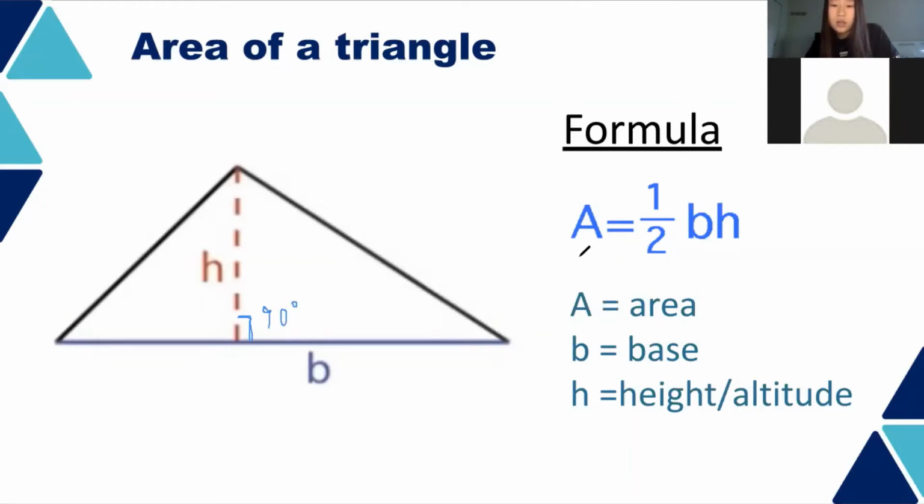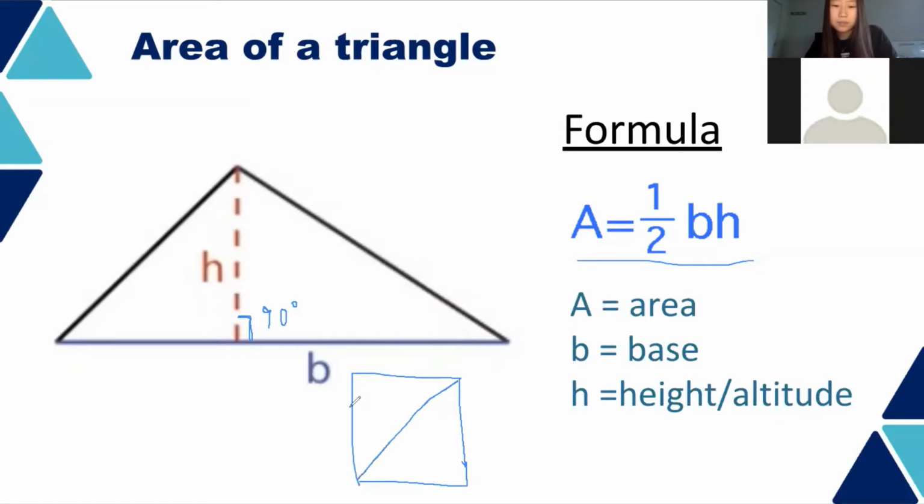And this formula came from a square or rectangle. Both are the same, but it came like this because you can see that half of a rectangle or square is always a triangle, and the triangle and this entire square have the same base and height.